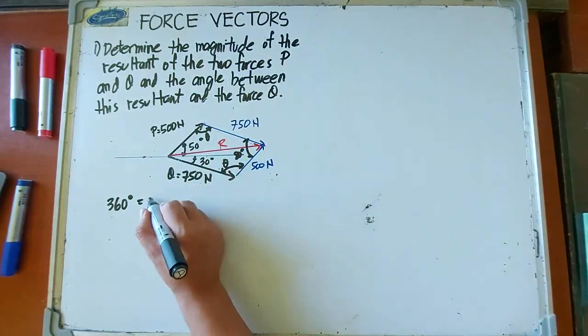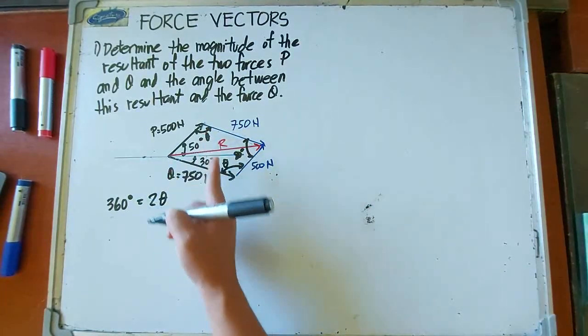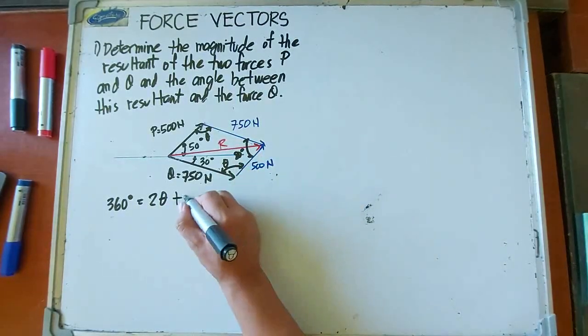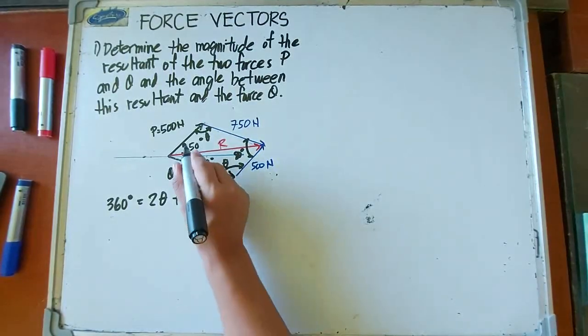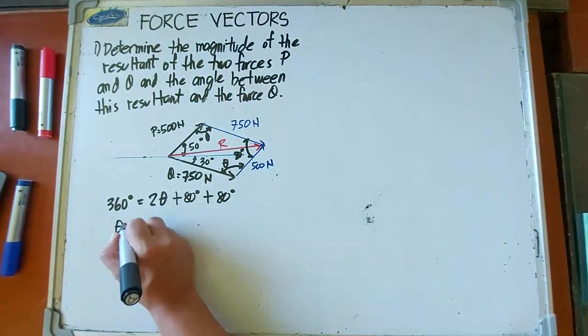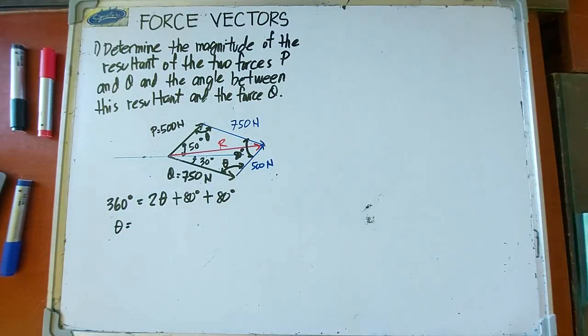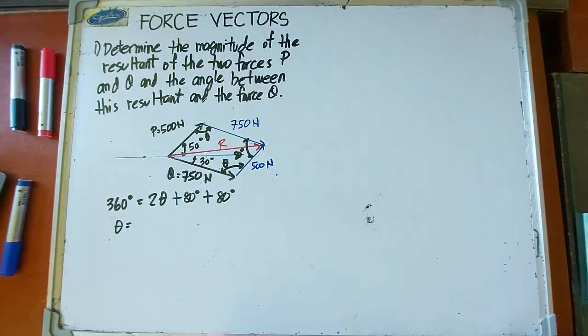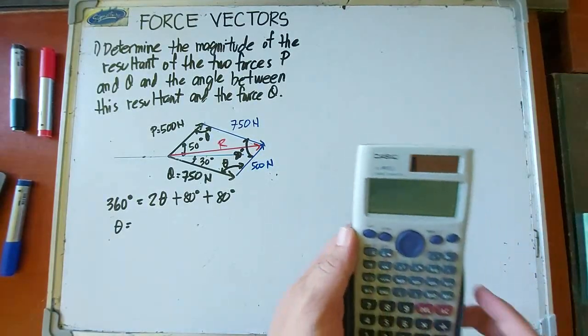That means twice ng angle theta plus 80 degrees plus 80 degrees. To solve for angle theta, theta is equivalent to beta yung nandun sa module nyo. I've used theta. Anyway, theta na lang. Theta or angle beta is equal to... hindi nakalagay sa module. Iba yung solution sa module. Sige.